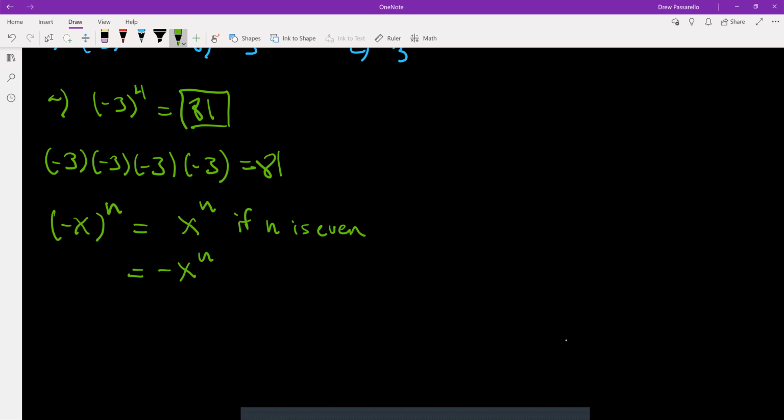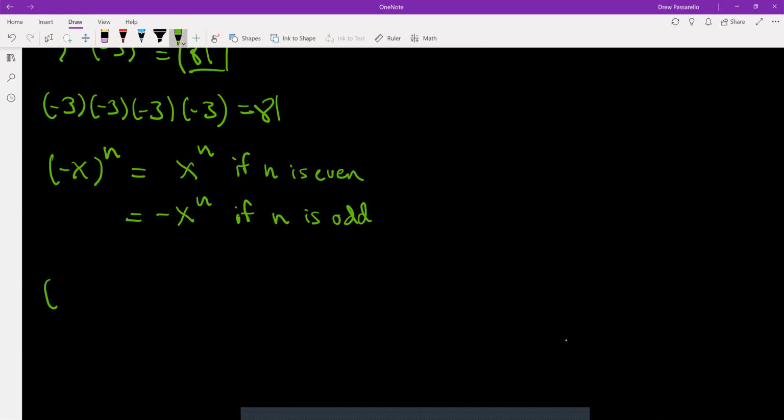It's -x to the n if n is odd. And that's because the even number of minus signs multiply out to give you positive. So like (-3) to the 3rd power, that's an odd exponent. So my answer is going to be negative, and that's going to be negative, I believe, 27.